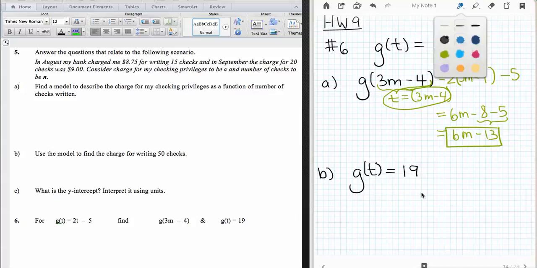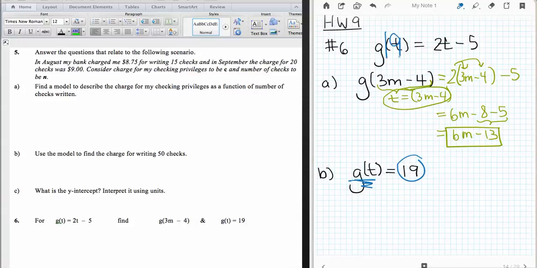Now the second half of this problem again says I'm going to replace g of t with 19. So this gets replaced with 19. Oh, well that looks like solving, doesn't it? So 19 is equal to 2t minus 5. So I'm going to add 5, and 19 and 5 makes 24.